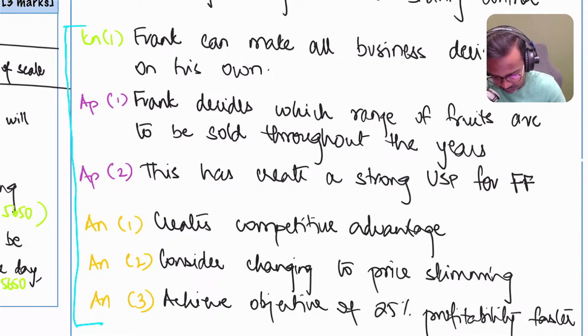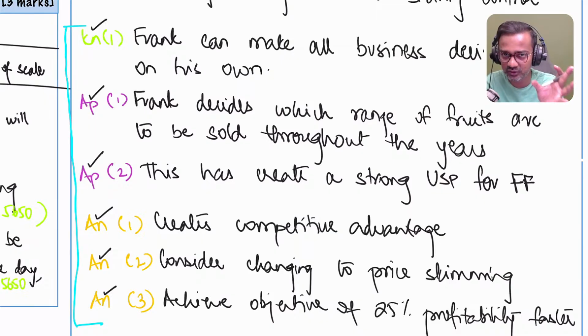So again, 1 for knowledge we did, then we did 2 for application, and then 3 layers of analysis. So 1, 2, 3. You combine those, that's the minimum you need to present. Obviously, you go in more detail depending on what your understanding and what the information in the case study is, but this is the minimum that you will have to present. Okay?